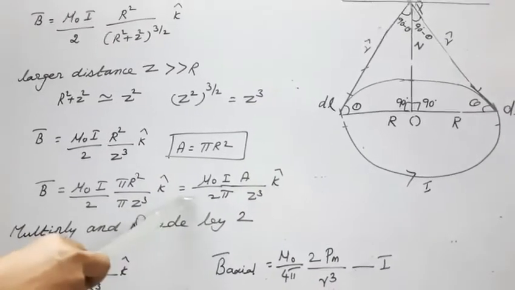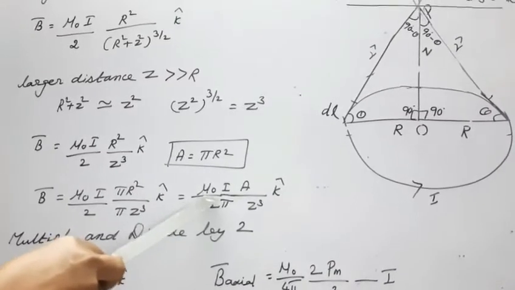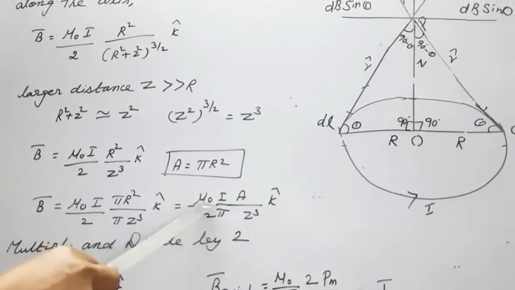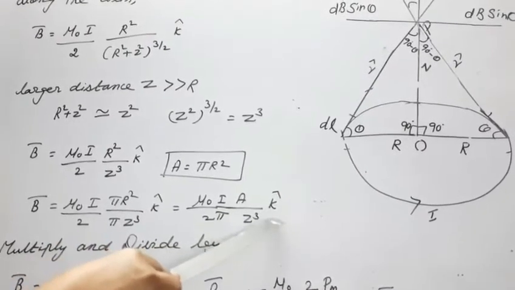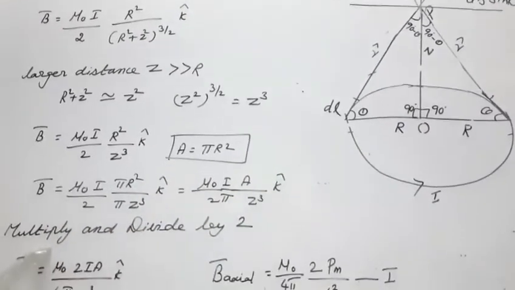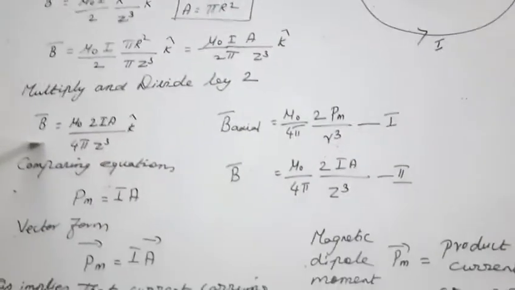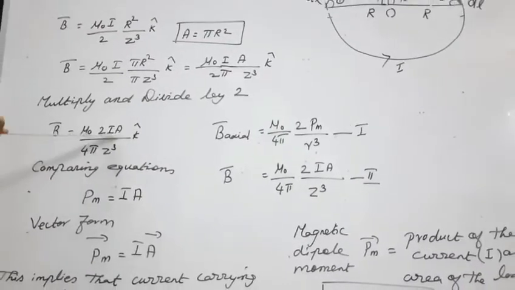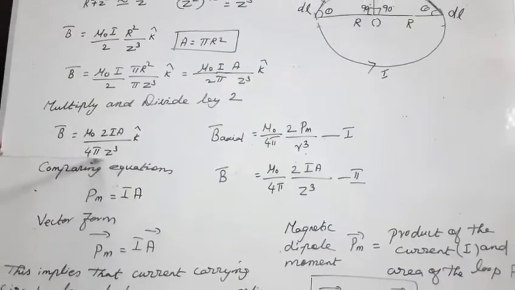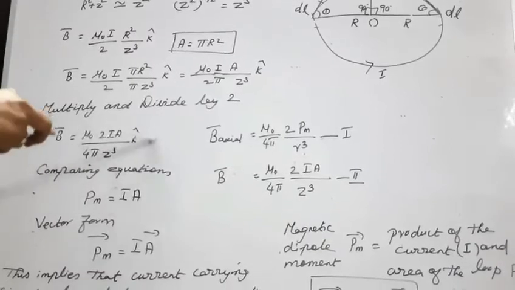Therefore this equation can be written as B vector equal to mu naught I by 2 pi, A by z cube into k cap. Now we can multiply and divide by 2. Therefore the above equation becomes B vector equal to mu naught 2IA divided by 4 pi z cube into k cap.